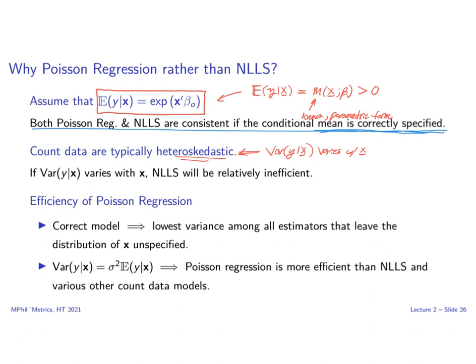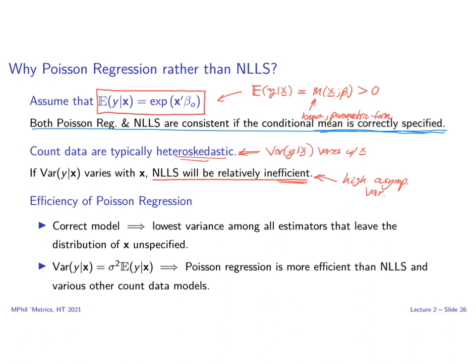And in a heteroscedastic world, it turns out that nonlinear least squares is relatively inefficient. What this means is that it has a relatively high asymptotic variance. So we're actually able to formalize this, and on this slide I'm just going to summarize two key results. There are other sorts of results one could prove in this setting to try to compare the efficiency of Poisson regression to that of nonlinear least squares, but here are two simple results.